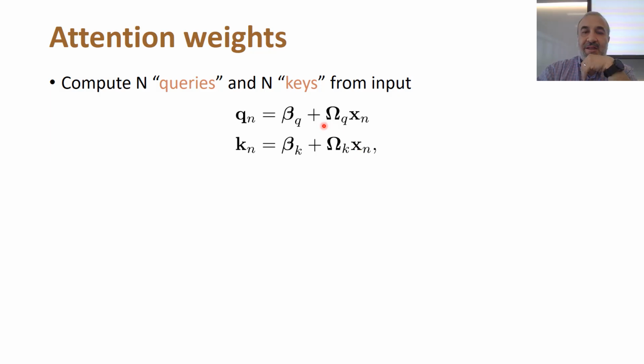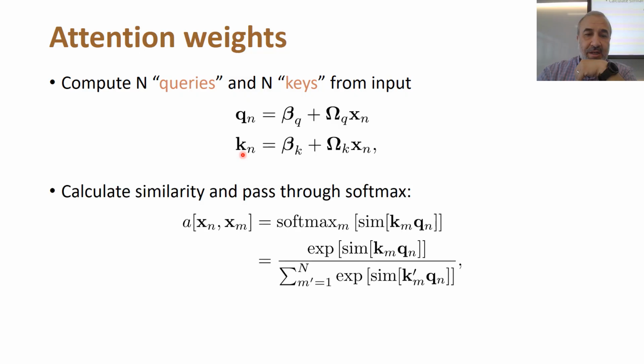We have now a matrix for the queries, weight matrix and biases, and another weight matrix and biases for the keys. We generate the queries and keys, and then we compute the similarity between every query and all the keys. And this is the softmax function. So eventually we will have one number for every pair of words.